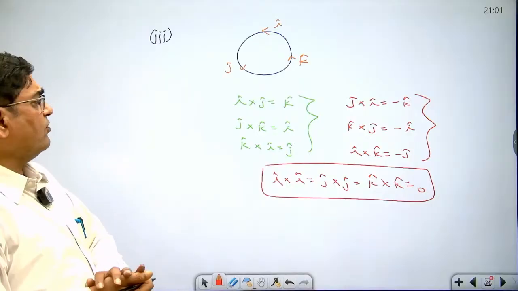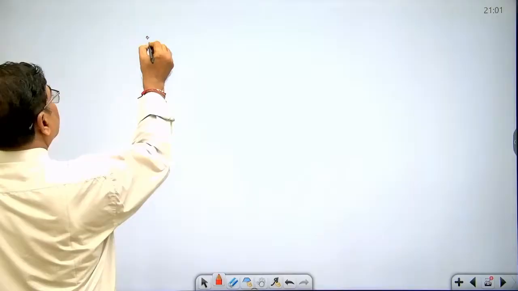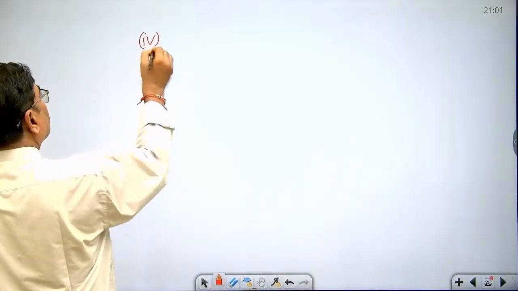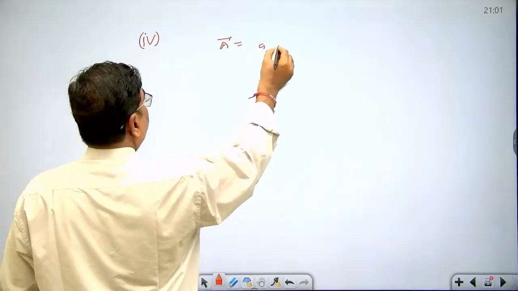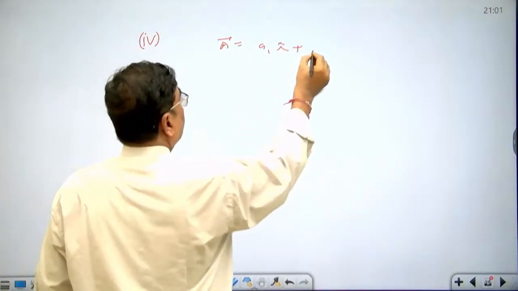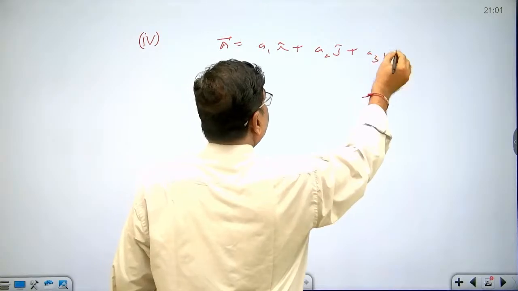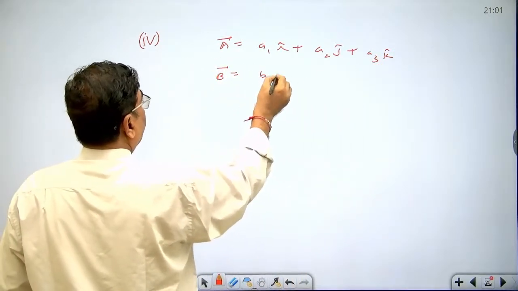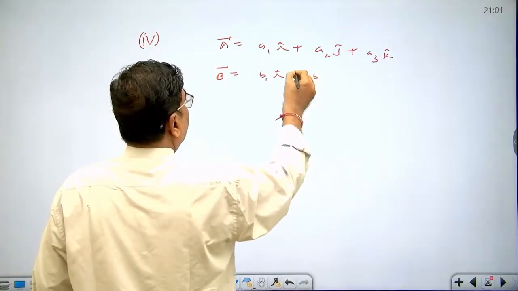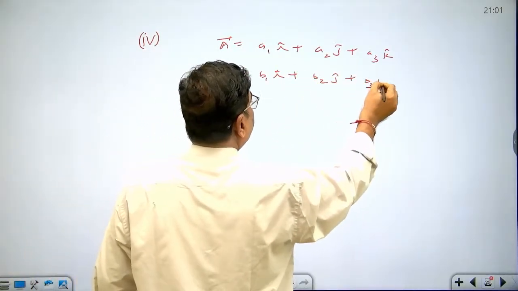Now, dear student, how to find the cross product? Let's see the fourth result. Suppose this is vector A1 I cap plus A2 j cap plus A3 k cap, and this is vector B1 I cap plus B2 j cap plus B3 k cap.